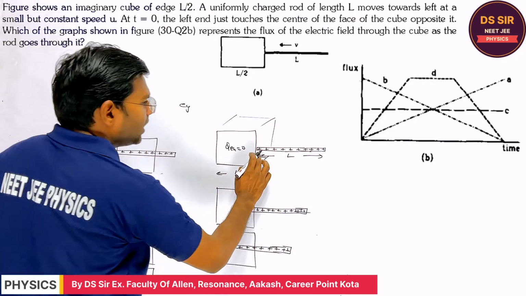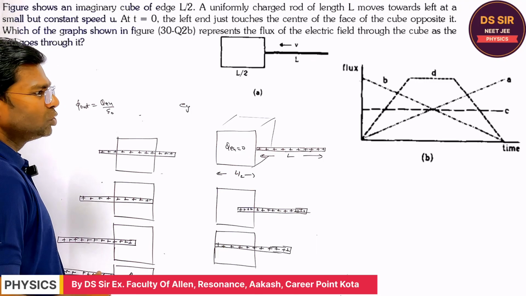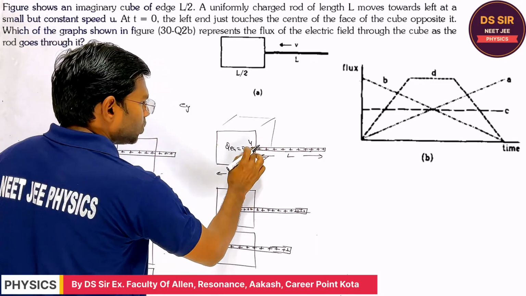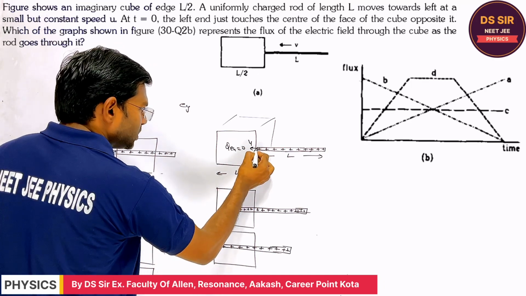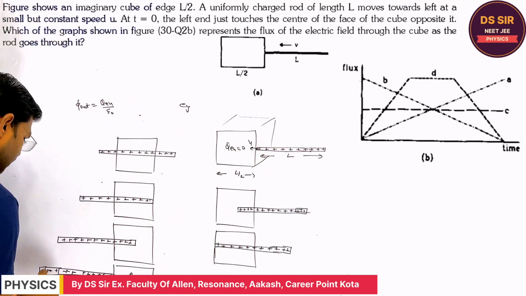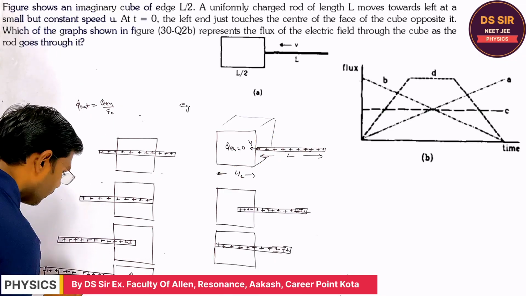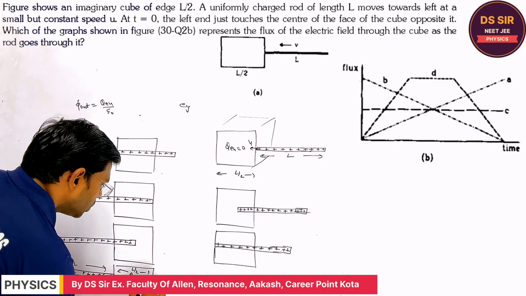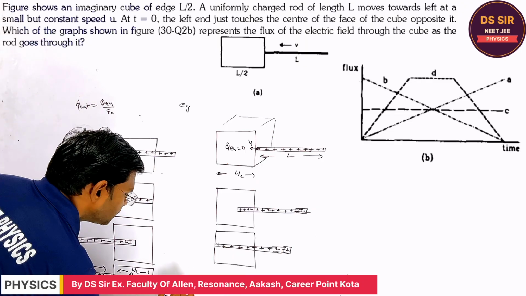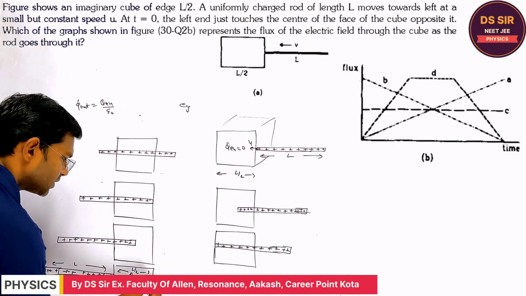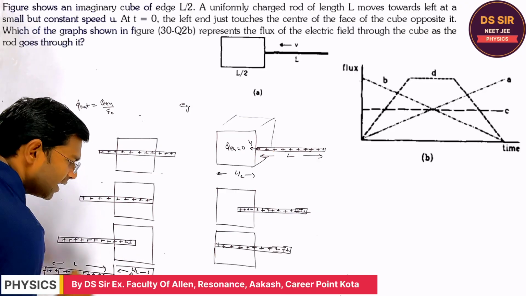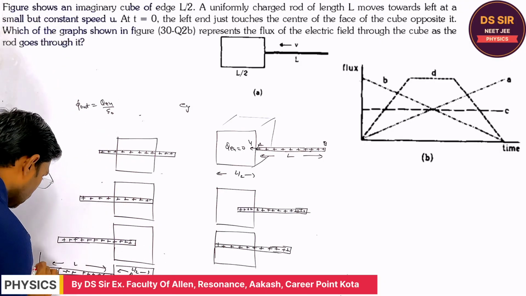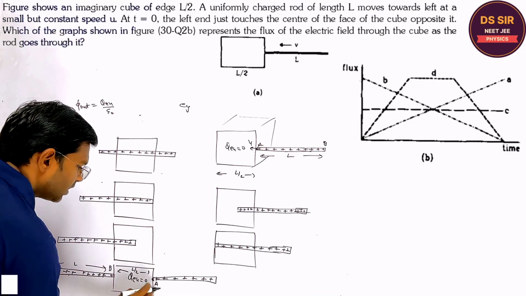Right. So from here to here, the time you can write, if it is moving with the speed u, this point starts from here and moves to this point, right? From here to here, what is the distance? If it is L, and this is L by 2. So the end A reaches this point and the end B reaches this point.